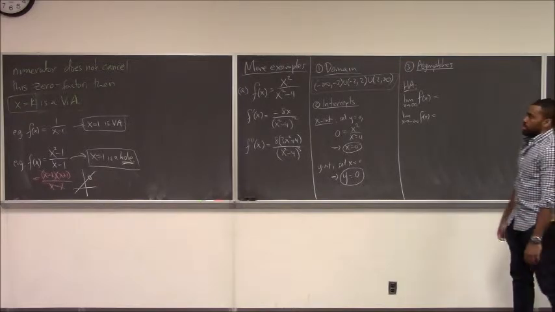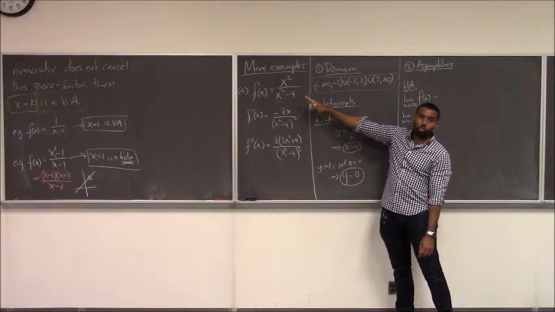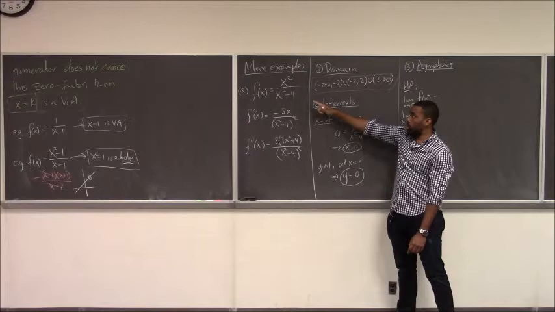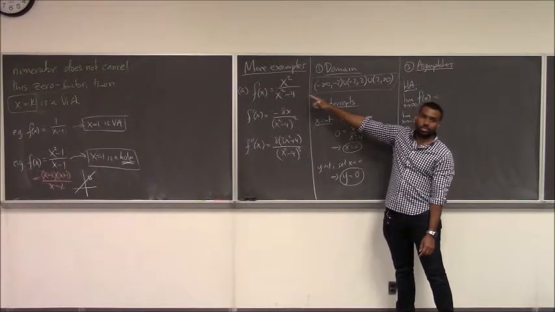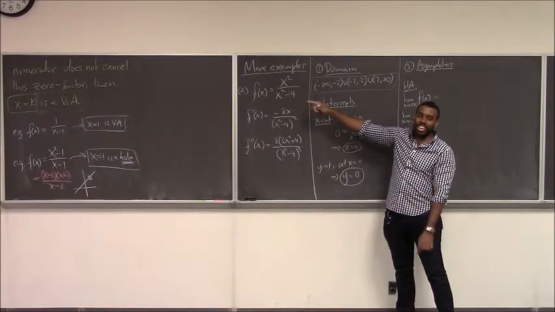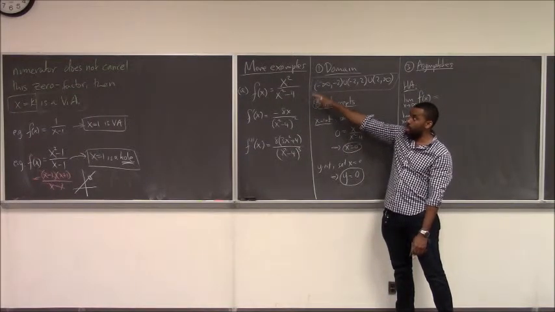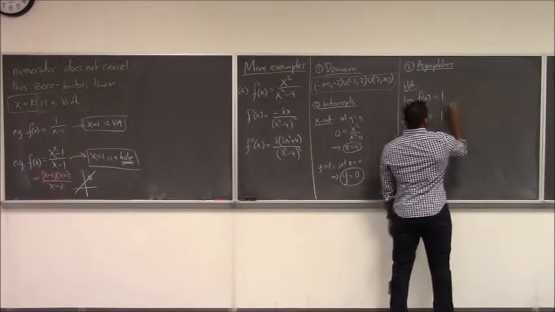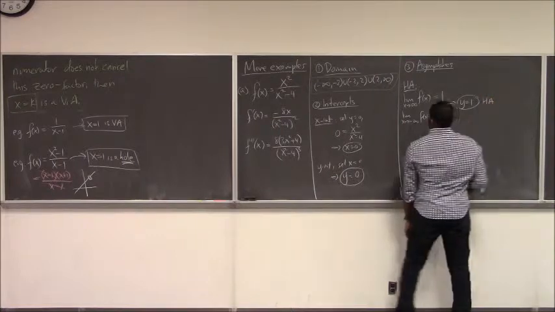What's the limit as x approaches infinity of this function? It's 1. The highest power on the top and bottom are the same, so it goes to the ratio of coefficients. So y equals 1 is your horizontal asymptote.